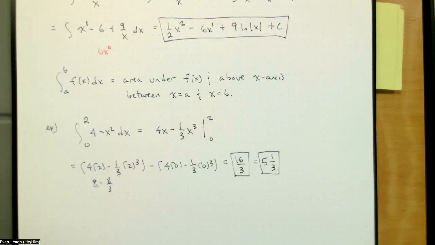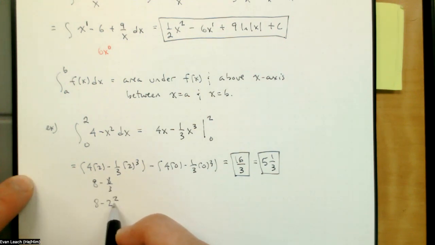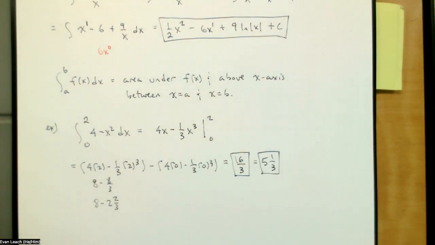What's 8 thirds? 2 and 2 thirds. So this is 8 minus 2 and 2 thirds. 8 minus 2 is 6. 6 minus 2 thirds. That's also 5 and a third. So okay, we're good.